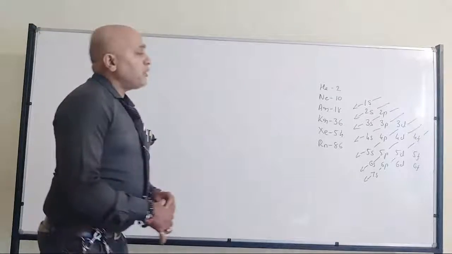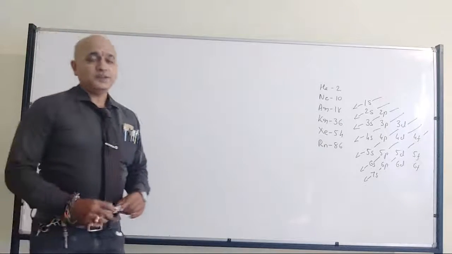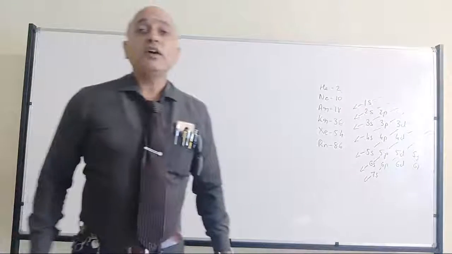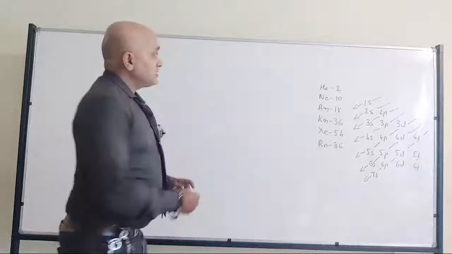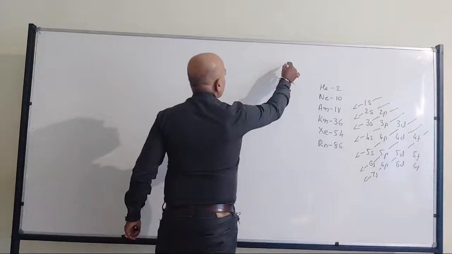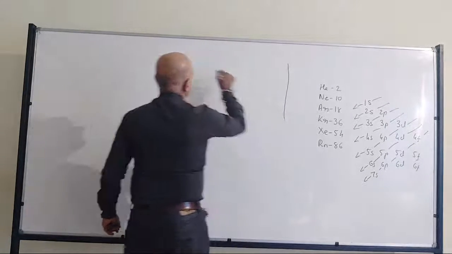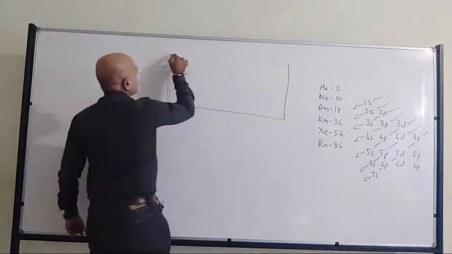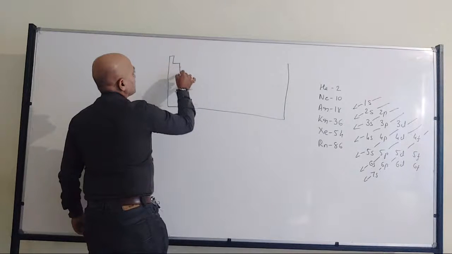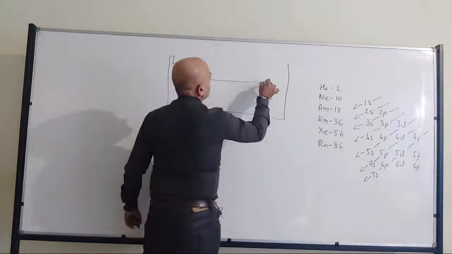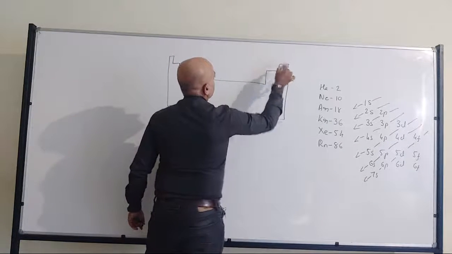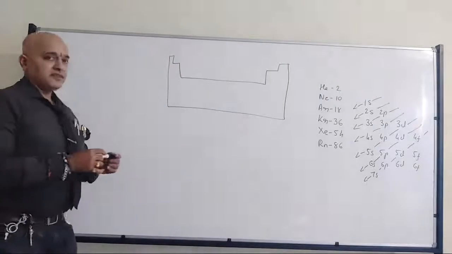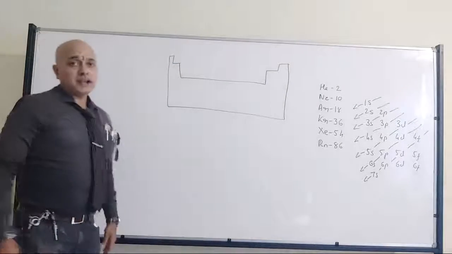Now, if you observe the modern periodic table, it looks like they have a common edge like this, right? They have a uniform edge. Fine, I have written a rough diagram.